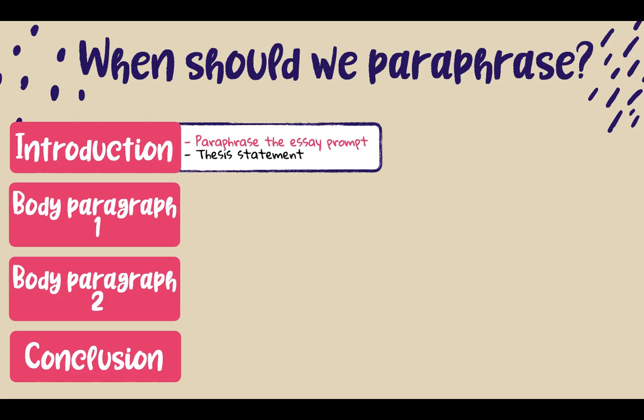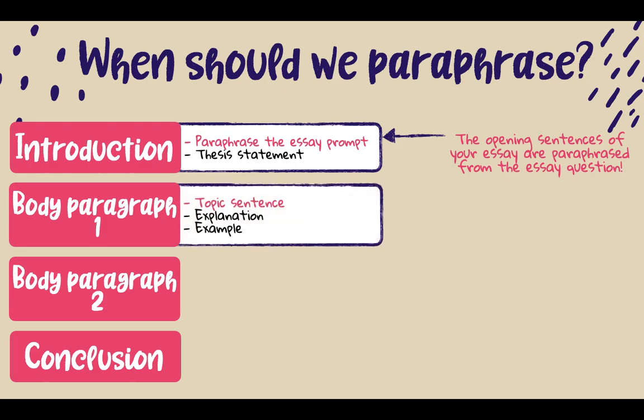So, as it says, the first part of our essay is a paraphrase. We have to paraphrase the essay question. So that's our first challenge. Then in body paragraph 1, we usually have several components like a topic sentence, an explanation, an example.